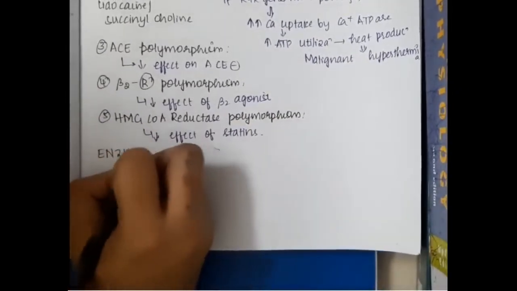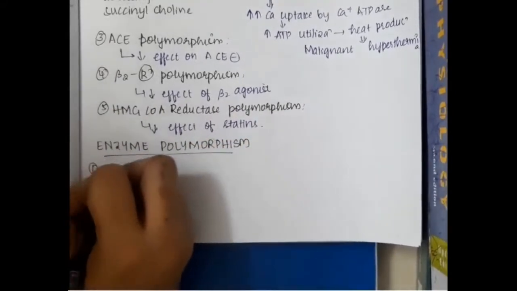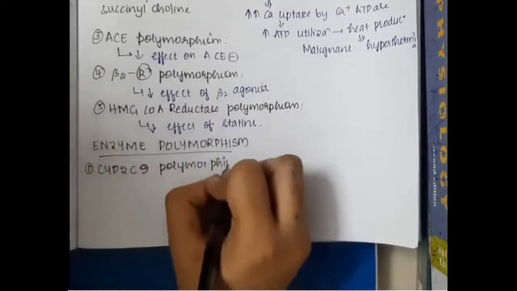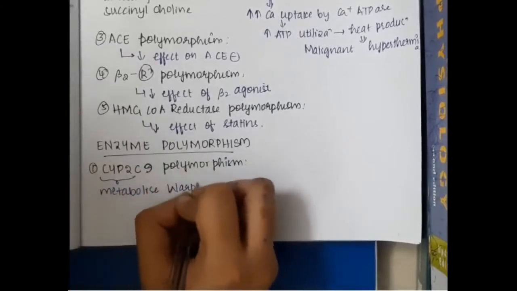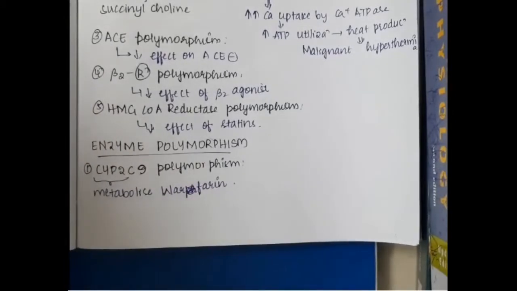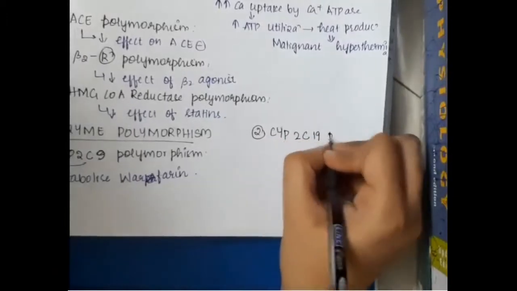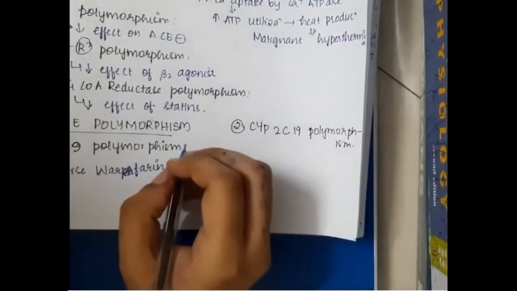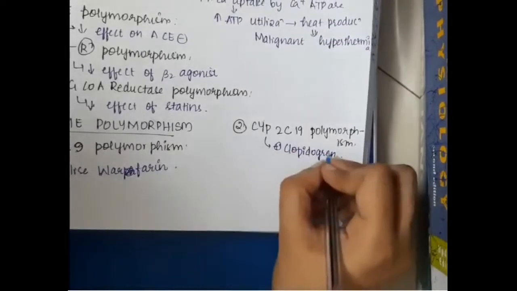Then we have to learn about enzyme polymorphism. First we have CYP2C9 polymorphism, which is mainly used for metabolizing warfarin. Then we have CYP2C19 polymorphism, a cytochrome P450 enzyme type, which activates clopidogrel.